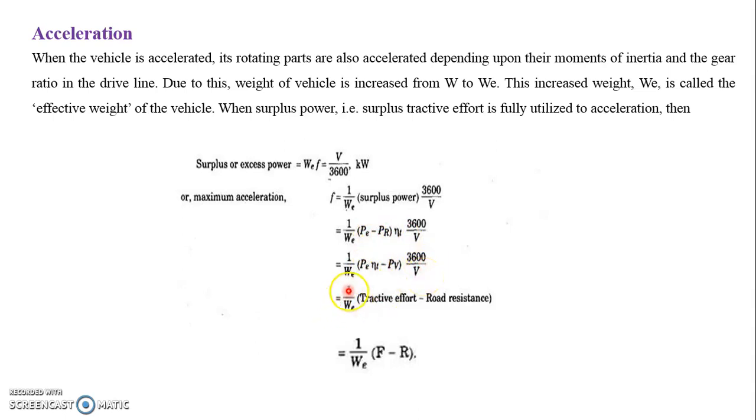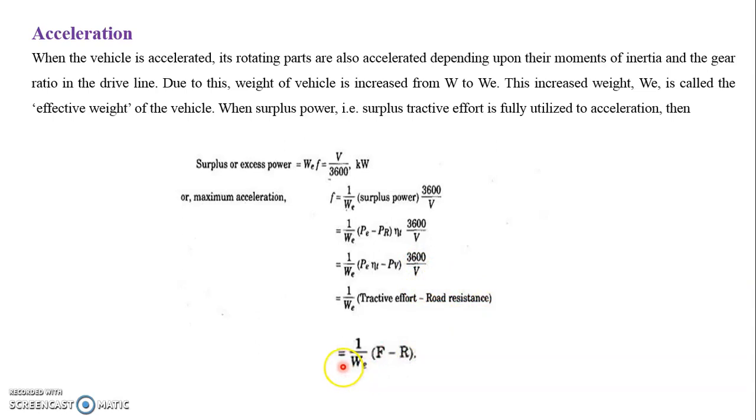So it is equal to 1 upon WE, PE into NT into 3600 divided by V is the tractive effort, minus PV into 3600 divided by V, which is the road resistance, as we have discussed in lecture number 1. Getting?